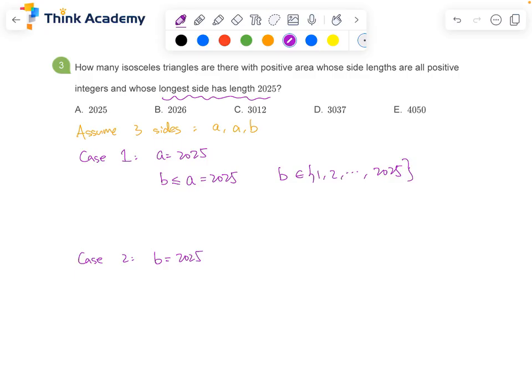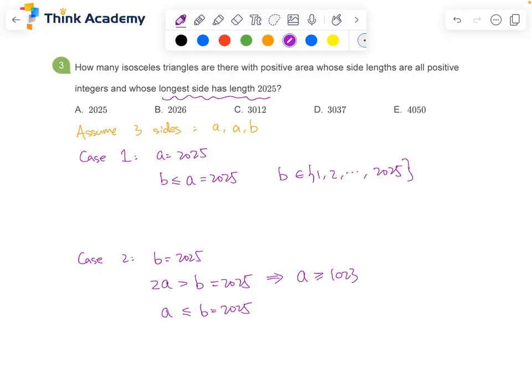In the second case, B is 2025. Well, let's apply the triangle inequality. I have that 2A must be strictly greater than B, which is 2025. As a result, A must be greater than or equal to 1013. But also remember that 2025 is the longest side. So I have A is smaller than or equal to B, which is 2025.